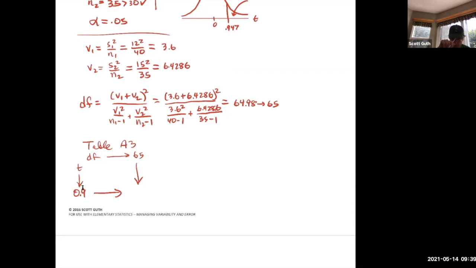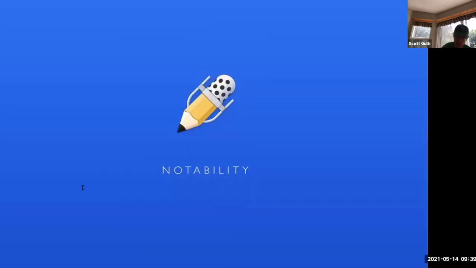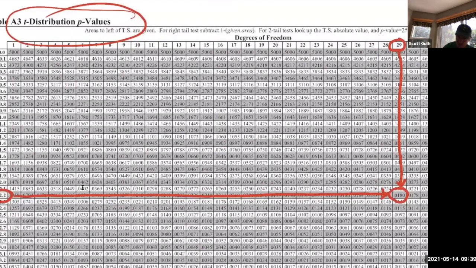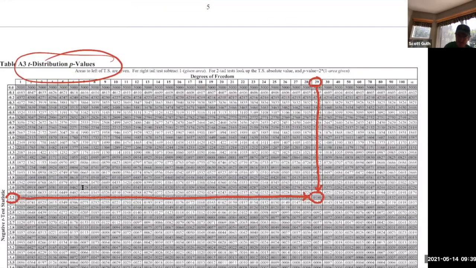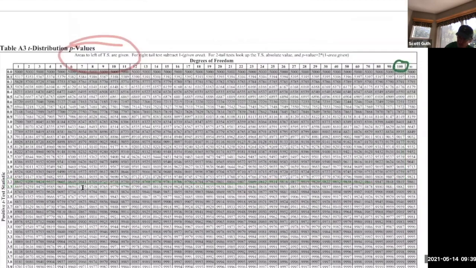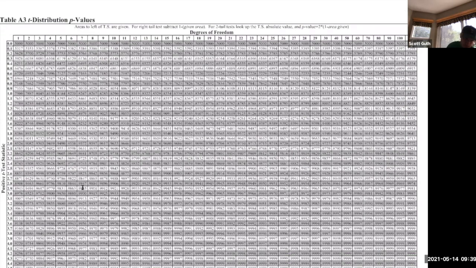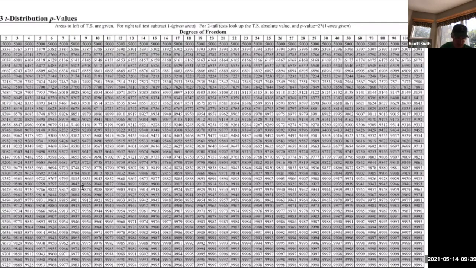So I'm popping back to the chapter 7 notes real quick, just to bring that table up. These are positive. I'm just going to use 0.9, which is right here. And for my degrees of freedom, it's 65.